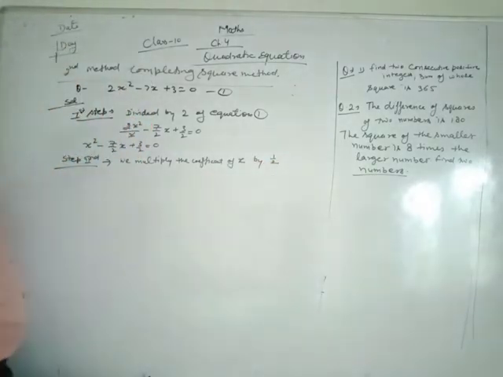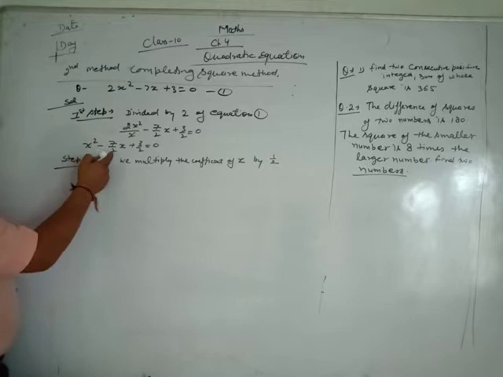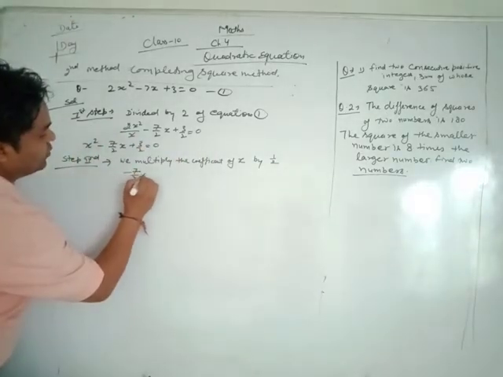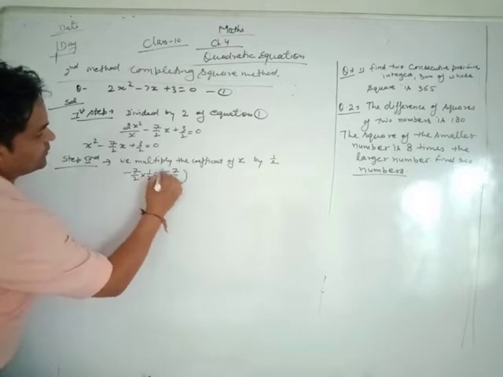It is the procedure. What is the coefficient of x here? It is minus 7 by 2. So minus 7 by 2 multiplied by 1 by 2 equals minus 7 by 4.